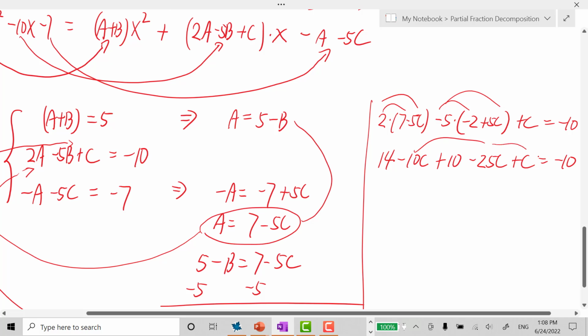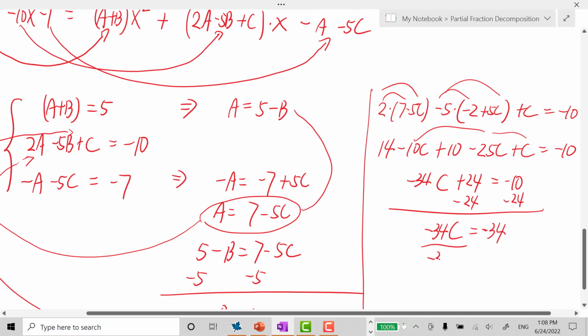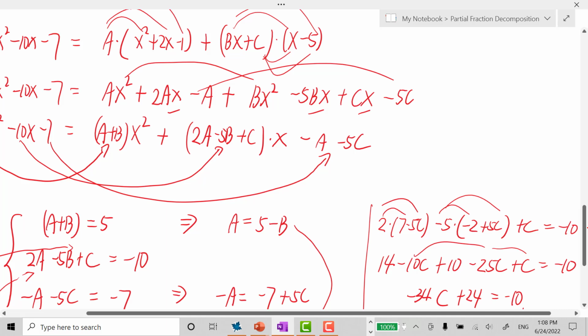So minus 10c minus 25c adding c, that is negative 34c. 14 plus 10, that's 24. That's equal to negative 10. Let's subtract 24 from both sides of the equation, and we end up with negative 34c equal to negative 34. Now you see, we figure out the c value. c equal to 1.